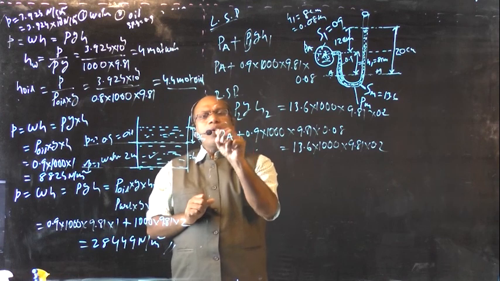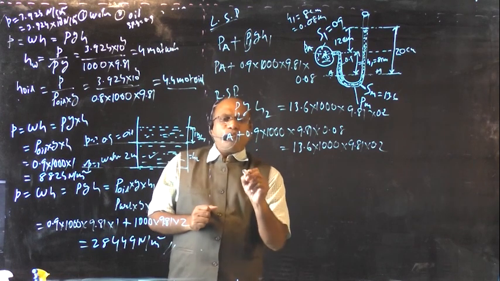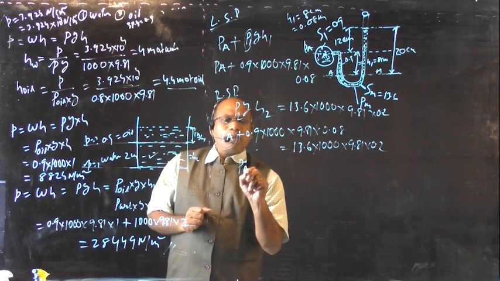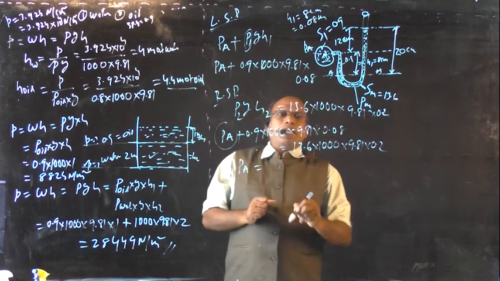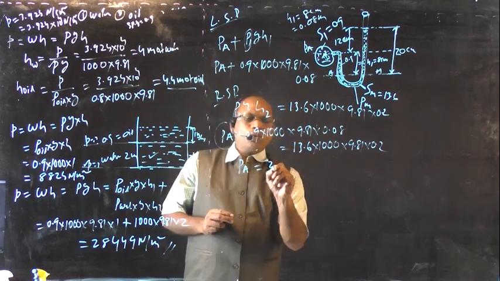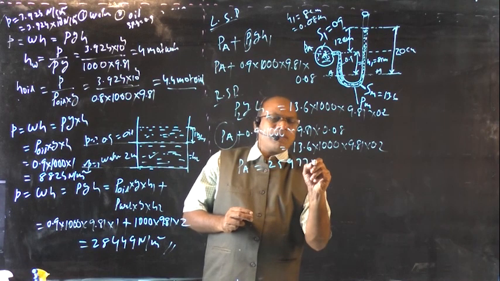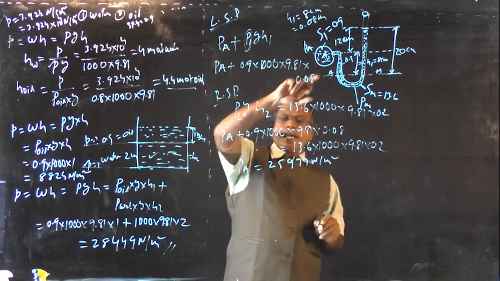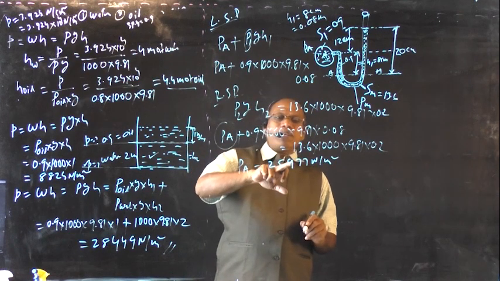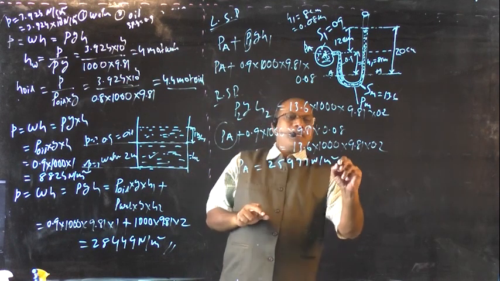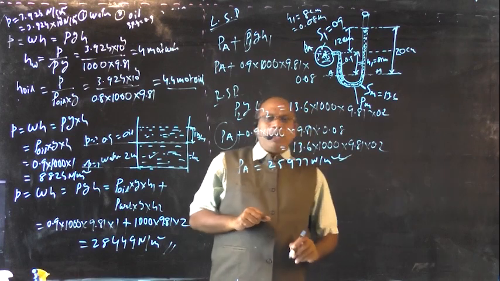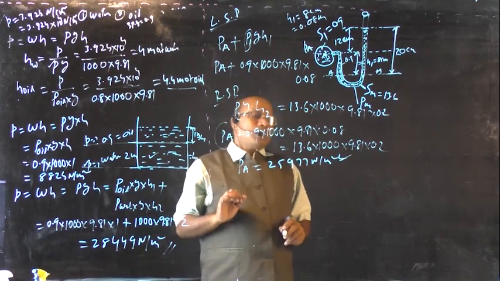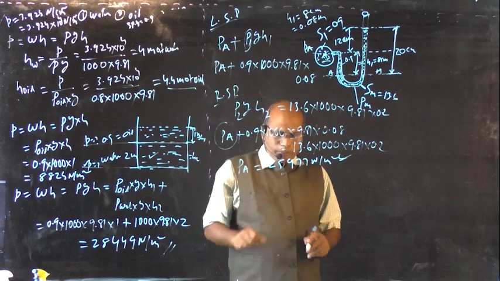Here the only unknown is PA. Therefore, the pressure at point A, PA, is equal to 25977 Newton per meter square. Right? This is one problem related to manometers.